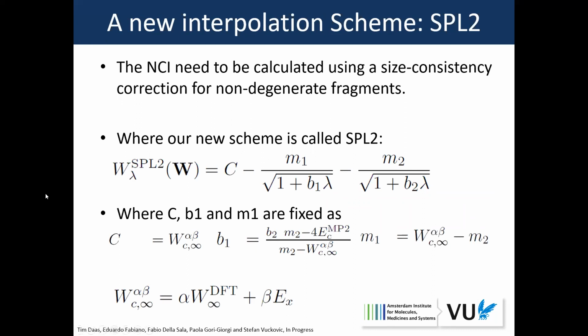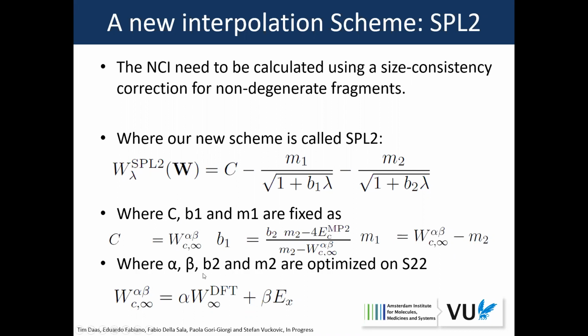And then we use this W alpha beta to get it in this form, because this gives some extra freedom for the W infinity limits to give the correct values and also includes this next order term, which we cannot include normally as well. So this just gives us an extra freedom. And then we are left with four fitting parameters, which we are optimizing on the S22 data set.